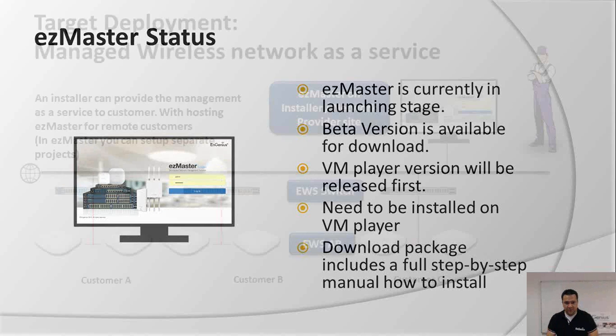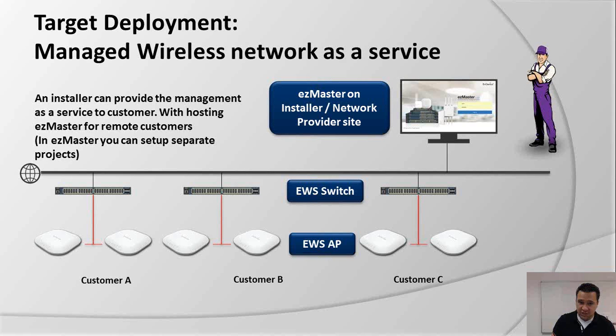So continuing on the introduction, the most obvious target deployment for ezMaster is to use it as a service platform for installers to provide a managed wireless network as a service. The ezMaster is a cross-subnet management software that enables location to be anywhere as long as there is an internet connection between.